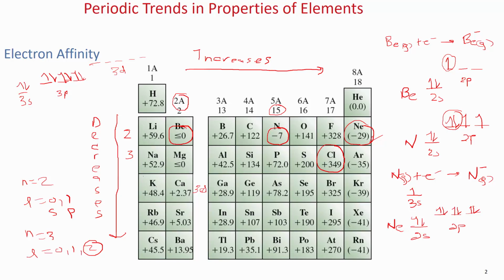And so that's why we see a slightly larger increase in electron affinity value for chlorine versus fluorine. All right, so know the anomalies: Groups 2, Group 15, Group 18, and chlorine in Group 17.